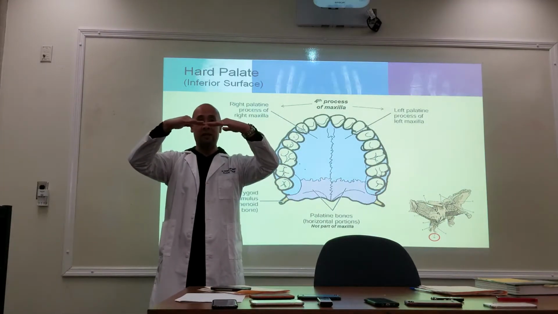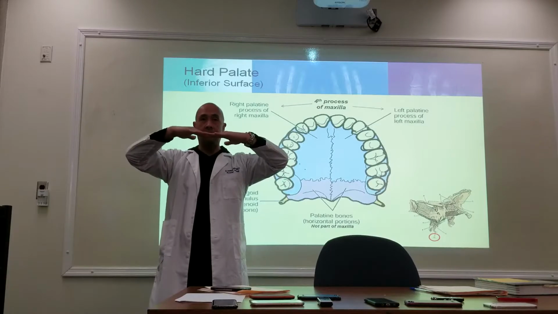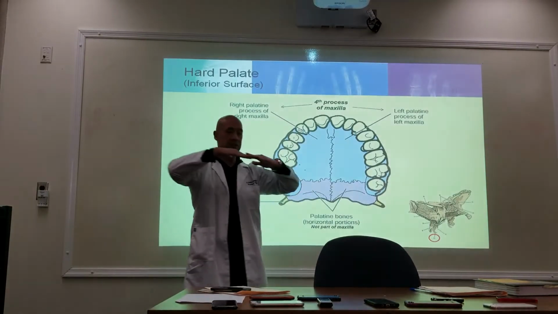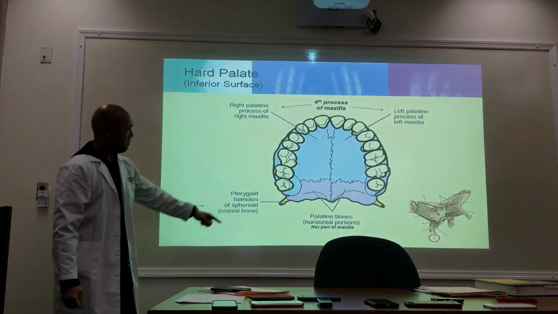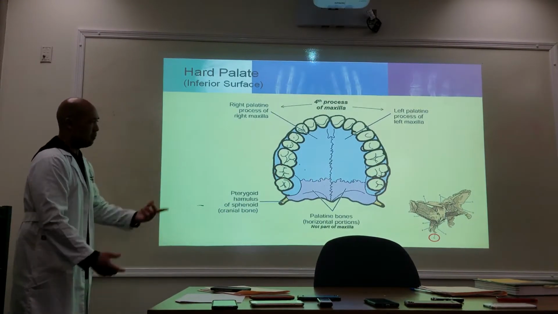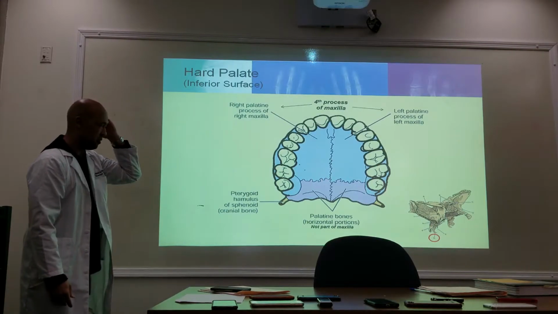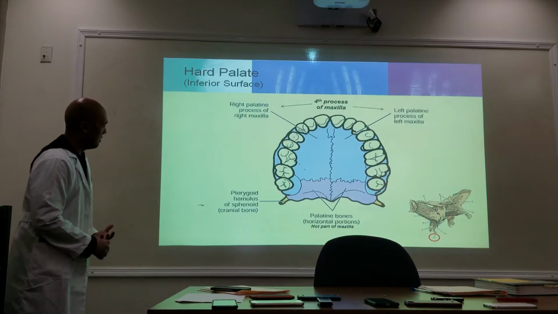So when we look at the palatine bone, it looks like a goalpost in the football field. So you have the horizontal, which is this, and then it goes vertical. Right here at the bottom is the pterygoid hamulus, the hammer that comes from the sphenoid bone that you can see on the inferior surface.